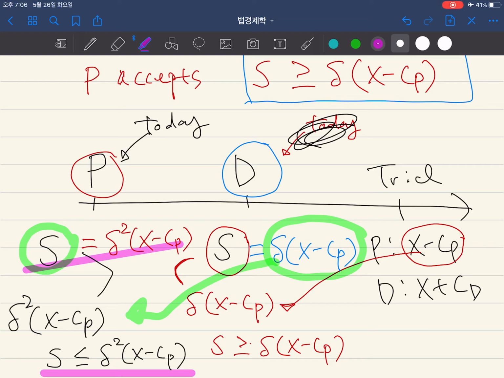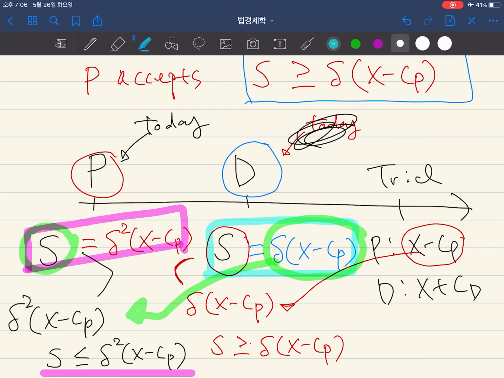In this case, plaintiff may be wondering, what if he settled tomorrow instead of settling today? It turns out that plaintiff is indifferent between settling today and tomorrow. If he settles today, he gets this much money today. If he settles tomorrow, he gets this much money tomorrow.